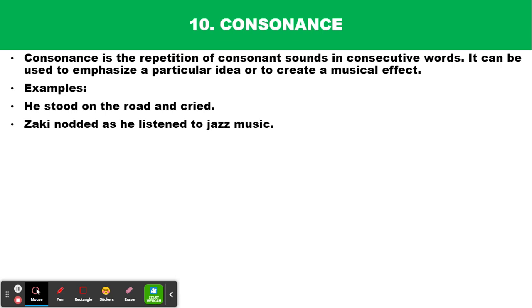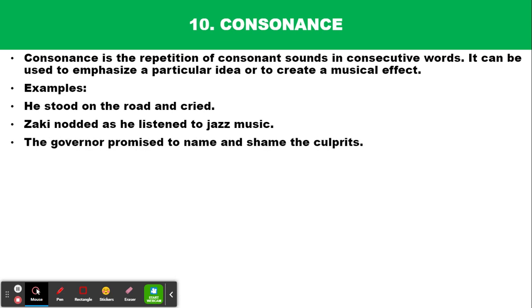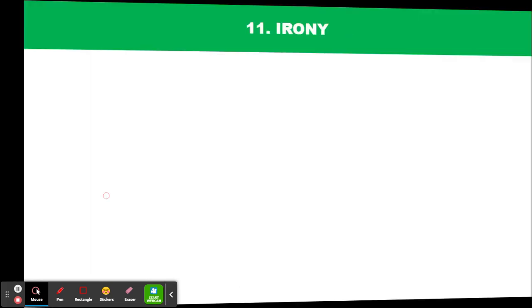The sound of Z is repeated in Zaki, nodded, listened, jazz, and music. The governor promised to name and shame the culprits. You have M repeated in promised, name, and shame.